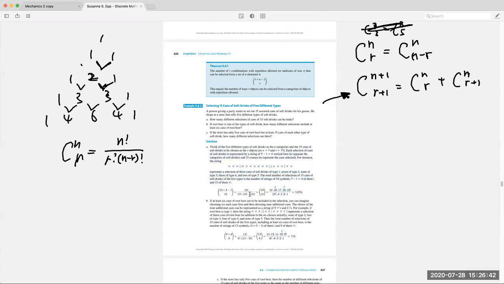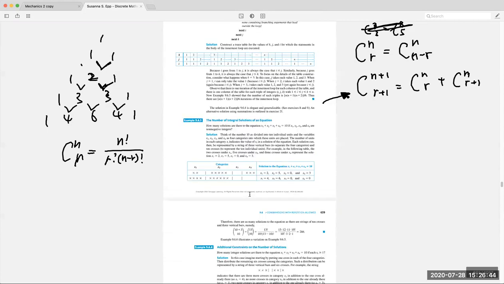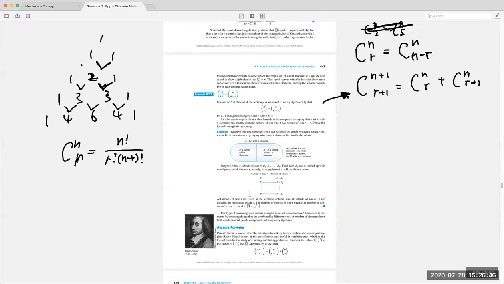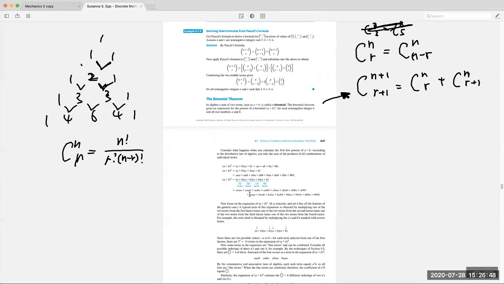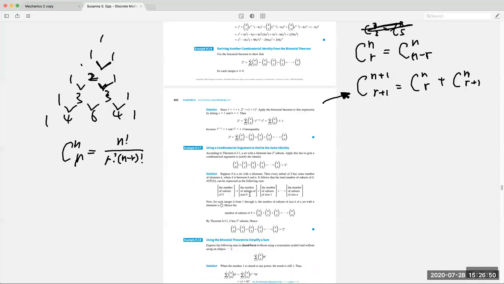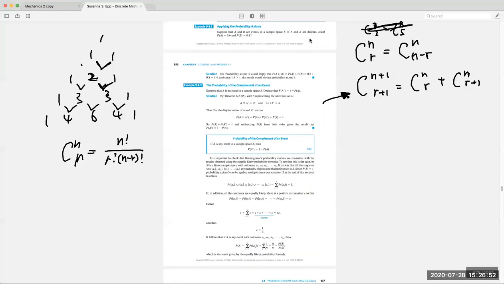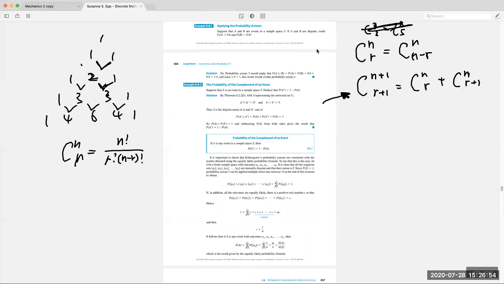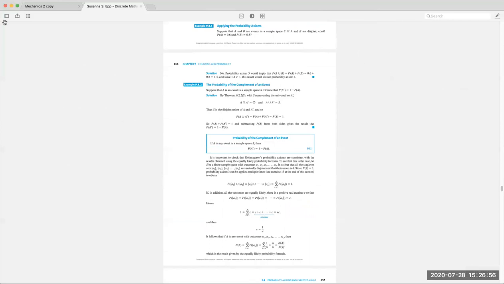There are several more different tricks here. So maybe let's go on to get familiar with the NCR, NPR, and N factorial by using this example. Wait for me.